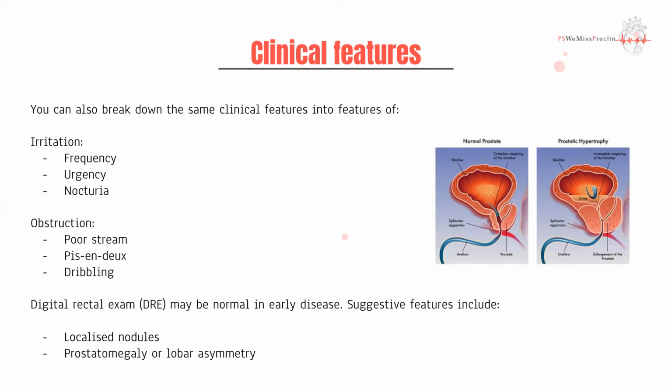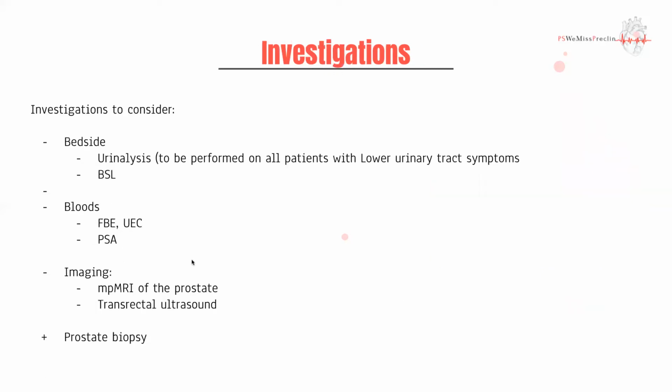So even having a large prostate is possibly an amber flag, but having lobar asymmetry is another big one. With BPH, although you may have an enlarged prostate, it's going to be symmetrically enlarged with smooth lobes, and you're going to lose that symmetry with cancer.